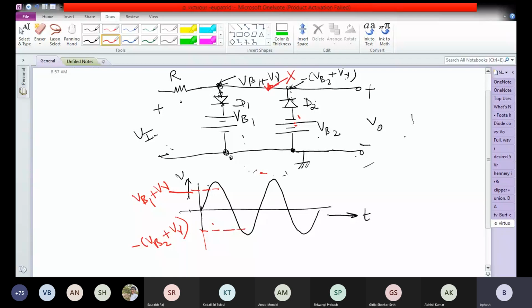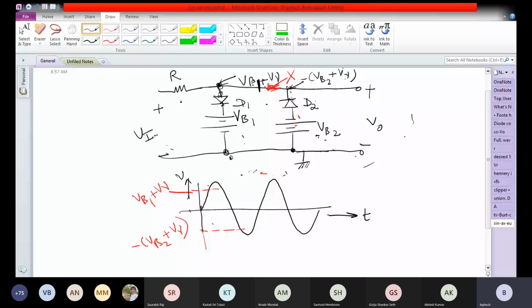So the voltage at point X, this is the point X, cannot rise over VB1 plus V gamma, because the diode D1 is not going to allow the voltage at point X to rise above VB1 plus V gamma, because diode D1 is going to conduct.